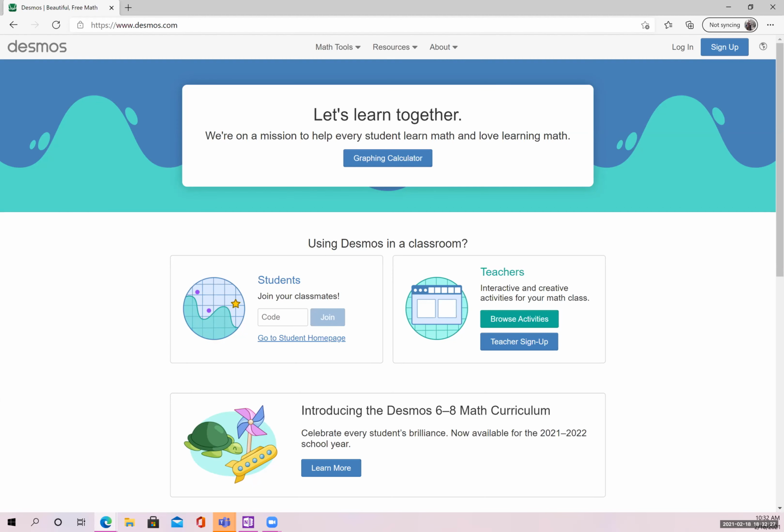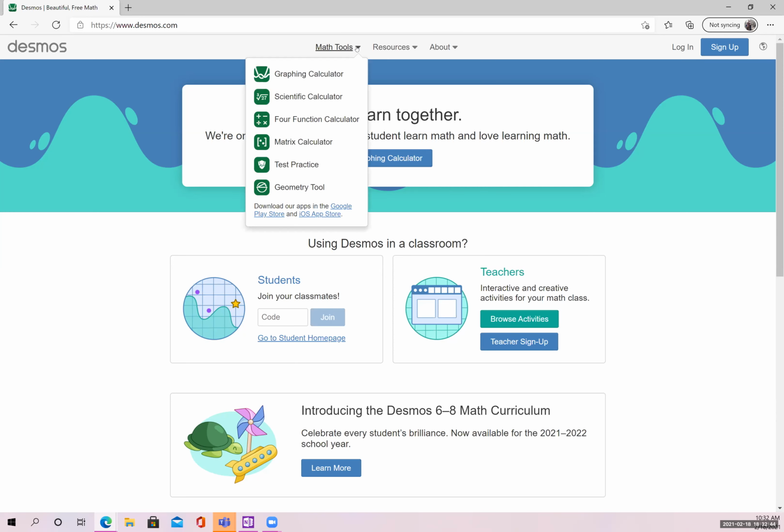You can go to desmos.com. When you get here, you can graph functions using the graphing calculator, but I want it to do some algebra for me by plugging in h values, which are close to 0. And so I'm going to go to their math tools, and I'm going to go to the scientific calculator.